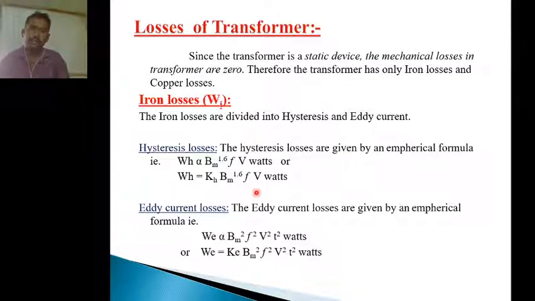And coming to the next losses, that means the copper losses. These copper losses occur in two ways in the transformer. In the case of DC machines, we get three: armature copper losses, shunt field copper losses, and series field copper losses. But here we get only two losses. What are the two losses?